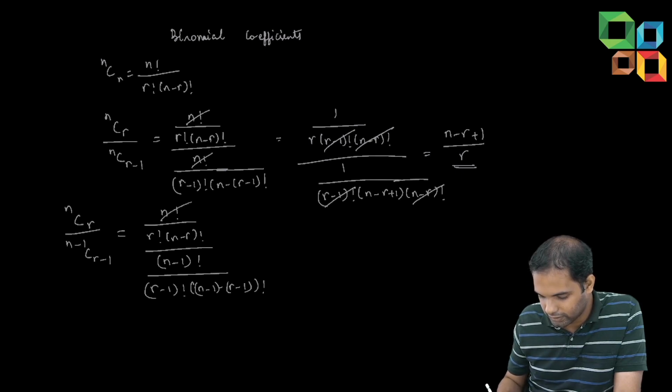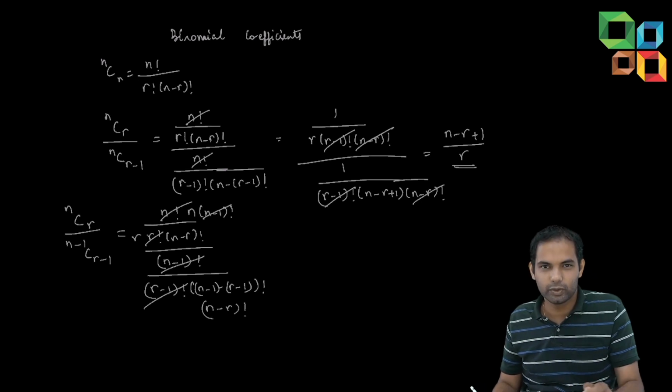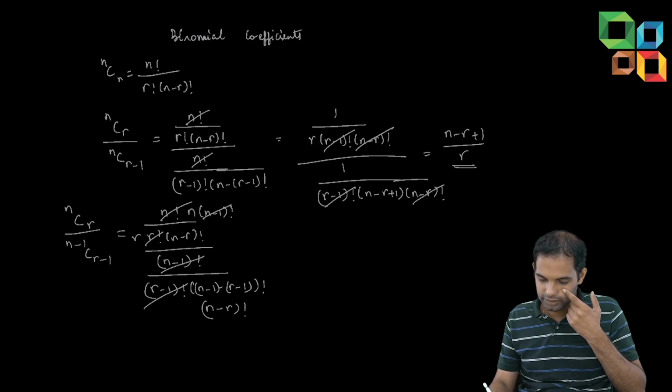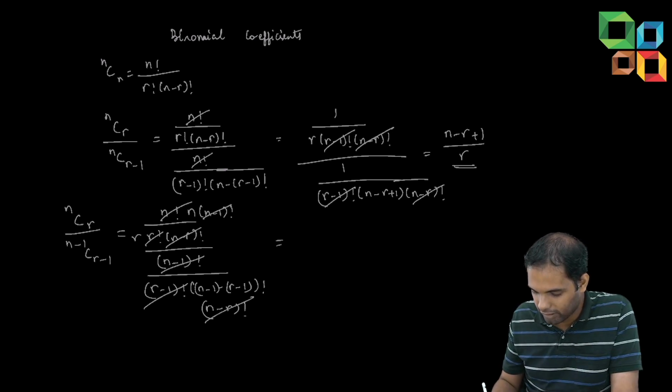Now, n factorial doesn't get cancelled because it's n into n minus 1. So what will remain is n. Similarly, here there will be r into r minus 1, so r will remain. This is nothing but n minus r factorial itself, n minus 1 minus r minus 1. This will get cancelled. So what remains? n by r.